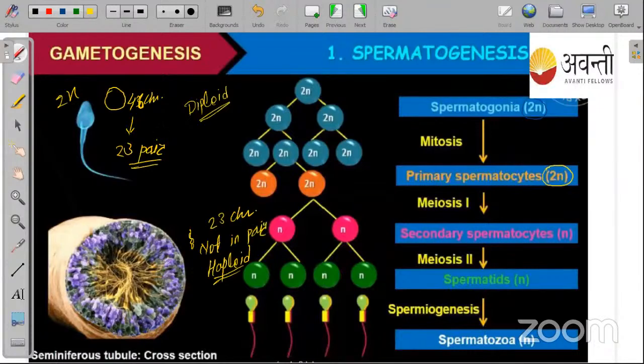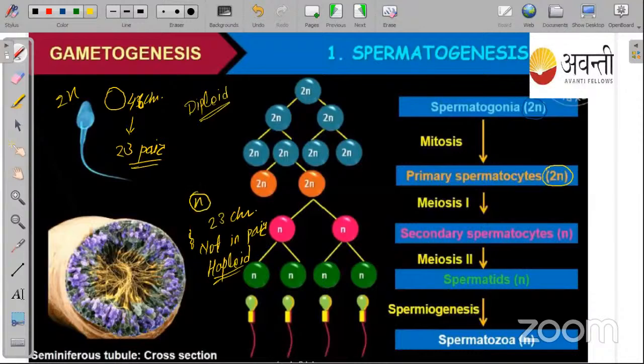Why? Because from this cell, that is from the diploid cell, when the diploid cell is converted into a haploid cell, it loses one chromosome. मतलब ये एक chromosome loss करता है from their pair. Okay, and that's why only 23 chromosomes are present from the 46 chromosomes. Okay, and that's why it's denoted as N only.